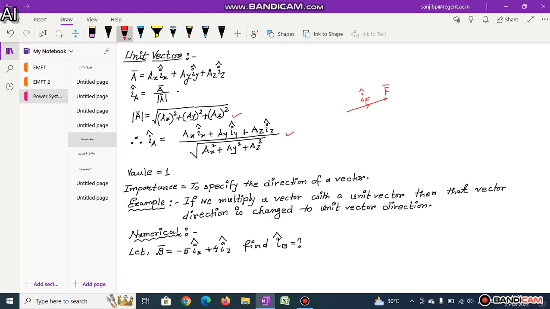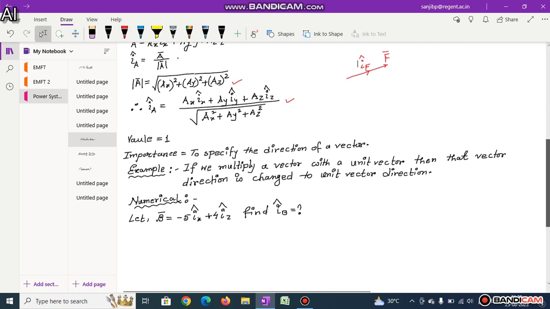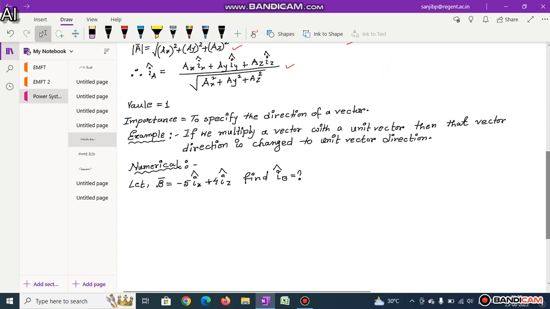Next, suppose we consider a numerical. Here vector B is given and you have to calculate IB. What do we need to do? Very simple. The formula is IB equal to vector B divided by the mod of B. Put in the vector equation, here it is -5Ix and 4Iz.